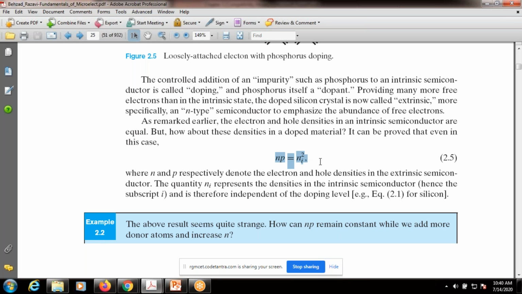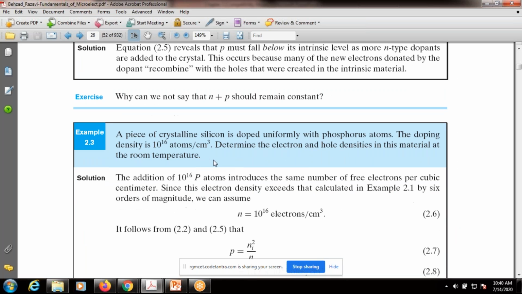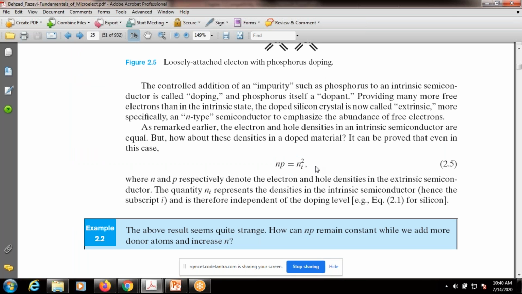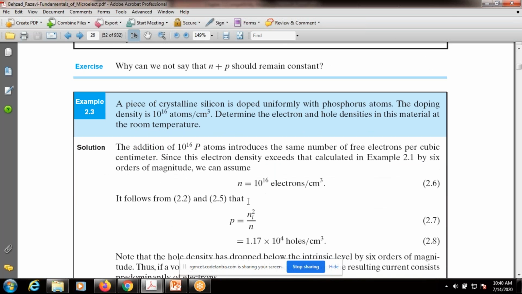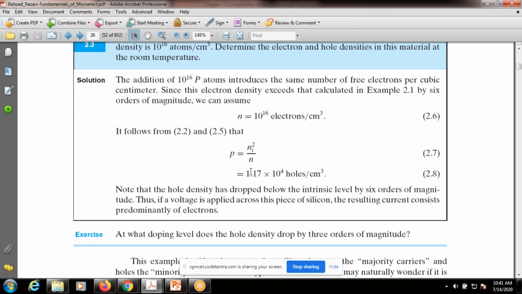So even though we introduce whatever quantity of phosphorus atoms in pure silicon, there must be at least a few holes compulsorily, so that the mass action law is satisfied. N into P is equal to Ni square. Don't think that as we add more phosphorus atoms, at one time the holes become zero. That never happens in semiconductors, right? Always the mass action law should be satisfied.